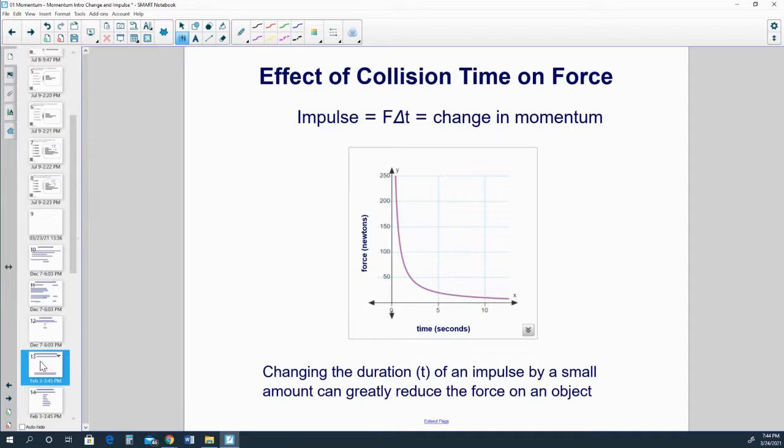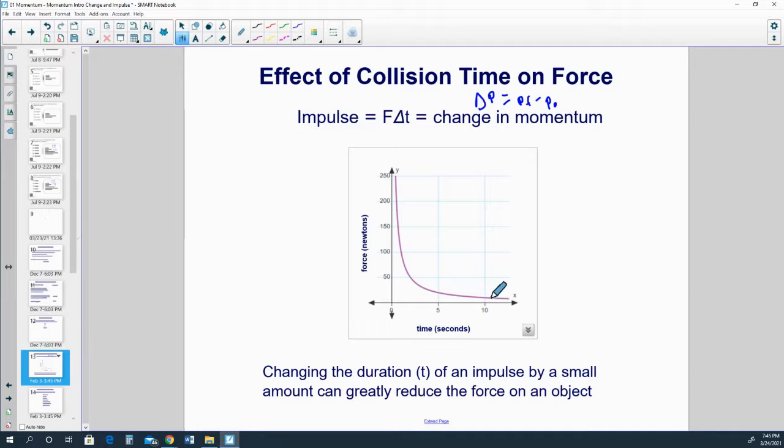Let's take a look at the effect of collision time on a force. We know that the impulse is a force times the change in time, and that's equal to the change in momentum, final minus initial. This graph is showing you that if you change the duration or the time of an impulse by a small amount, you can greatly reduce the force on an object. An object is moving and you start to apply force.